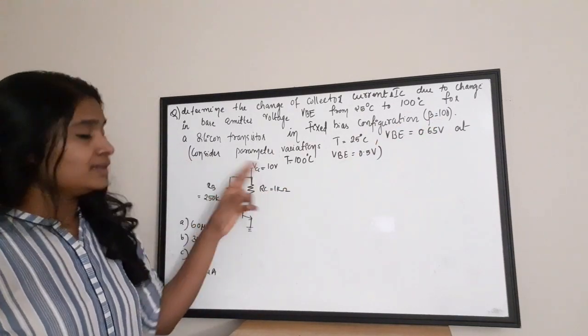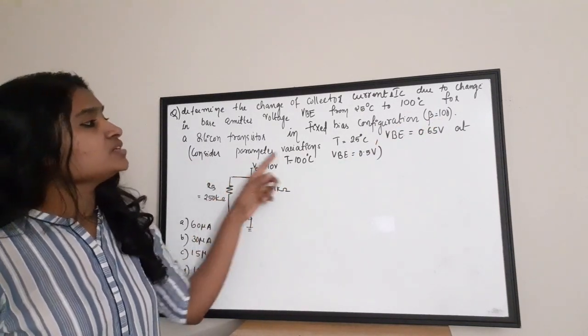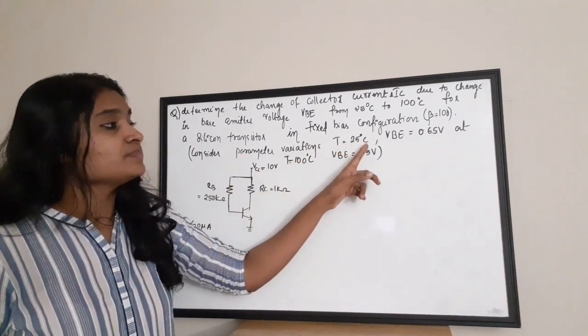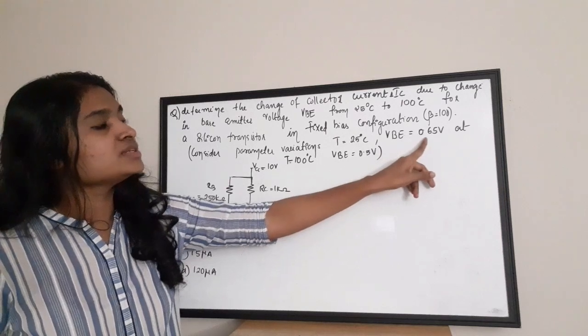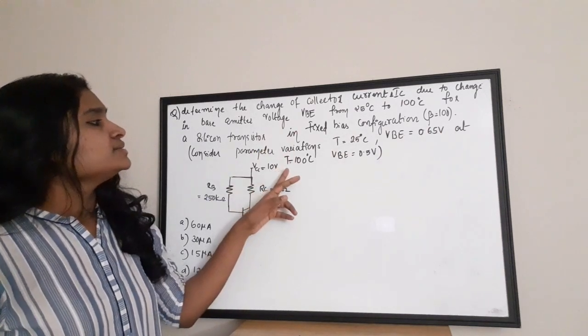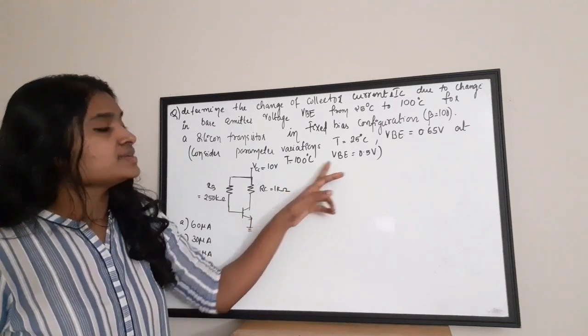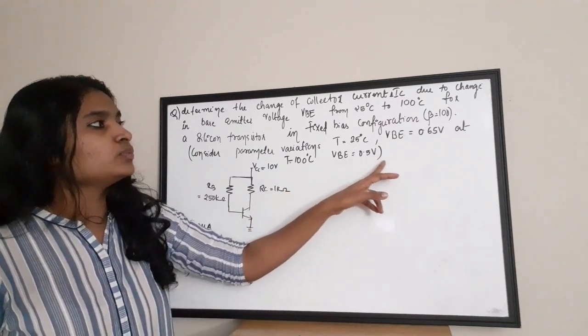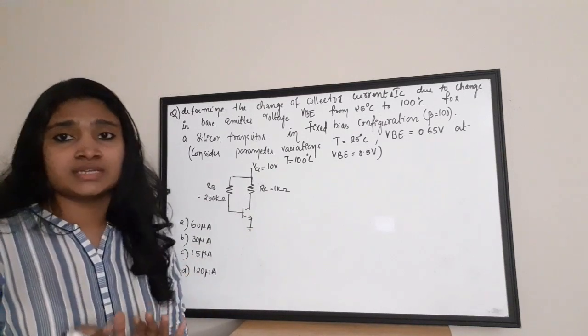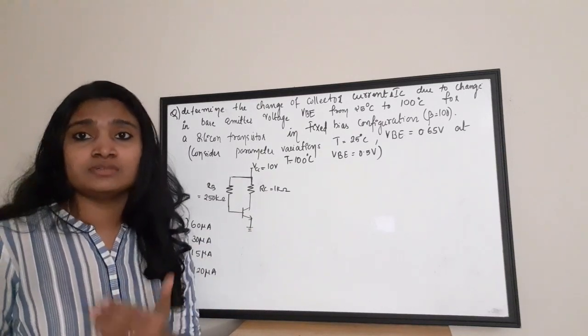In the bracket they have given the parameter variations: T is equal to 25 degrees Celsius, VB is 0.65 volt; at T equal to 100 degrees Celsius, VB equal to 0.5 volt. This question is a little bit difficult to understand, so I'll explain it first.